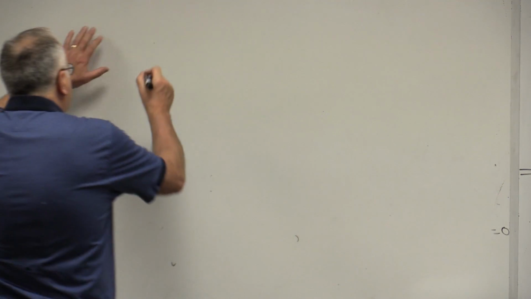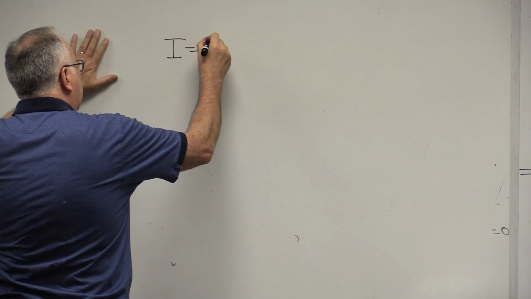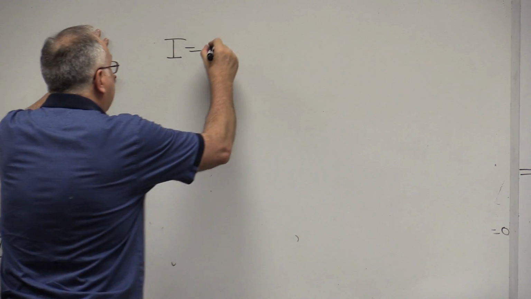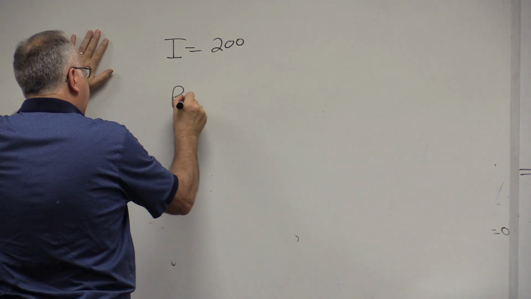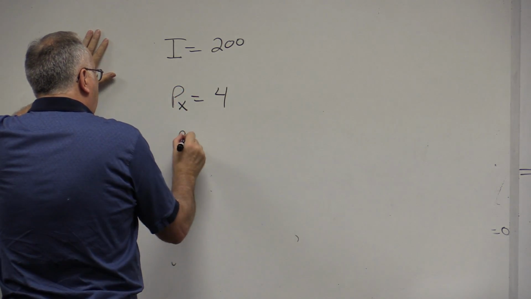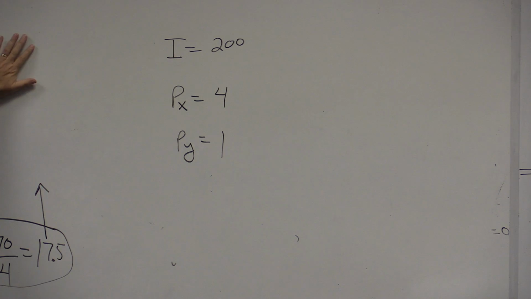Let's just plug in. So suppose I is 100. Is that what I used? Or did I use 200? I can't remember. 200. Oh, I used 200. Thank you. Will, you take good notes. And what was the price of x again? 4. The price of y? 1. Okay, there we go.